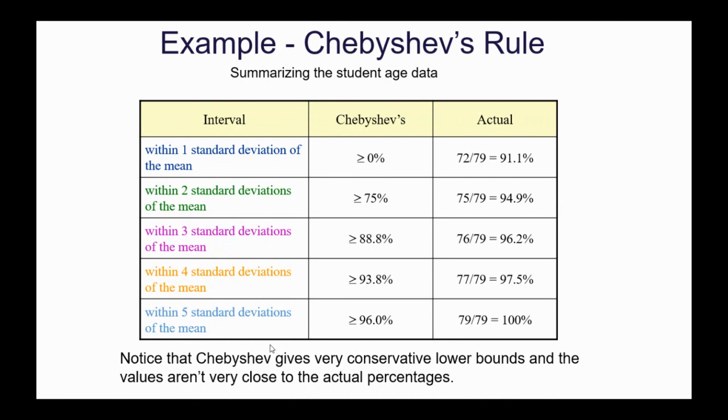Chebyshev said it only had to be 96. So Chebyshev gives very conservative lower bounds, and the values aren't very close to the actual percentages. So in other words, if you wanted an approximate answer, Chebyshev probably wouldn't be a good rule. If you just wanted to know the minimum, then sure. But if you wanted to get close, I wouldn't use Chebyshev's.